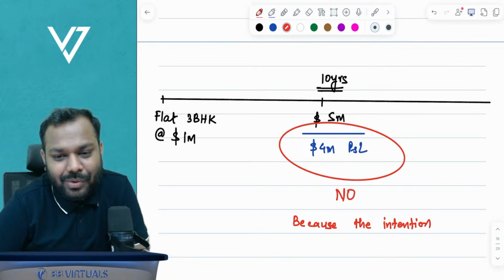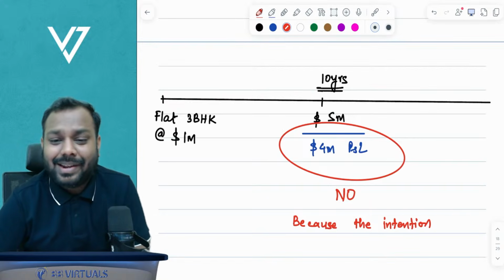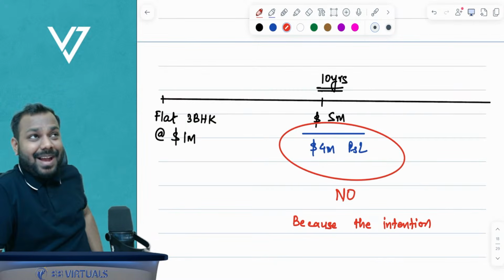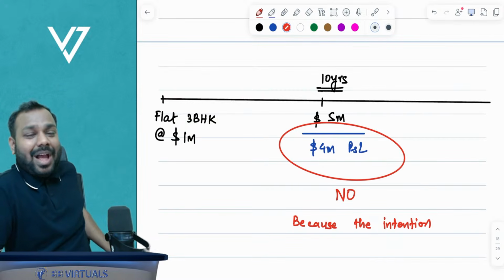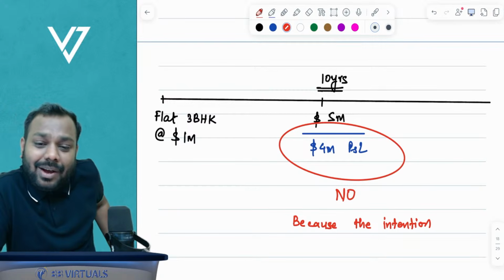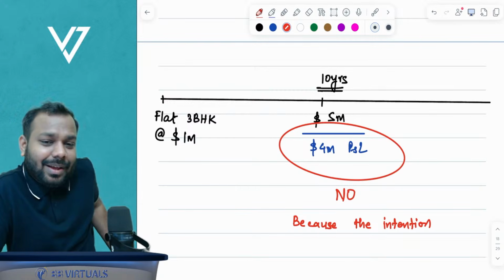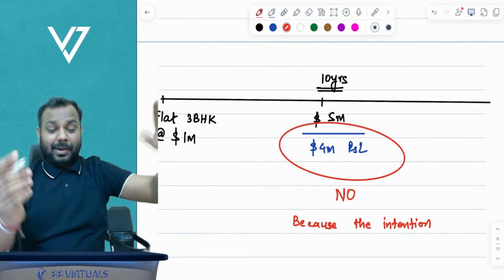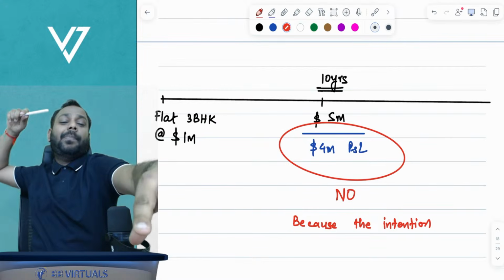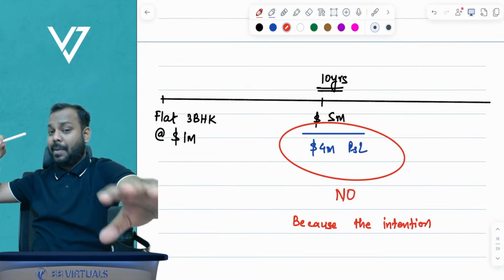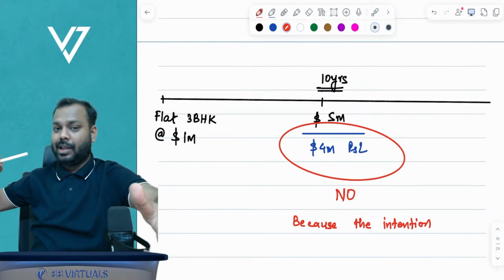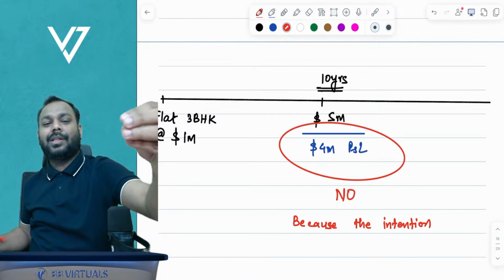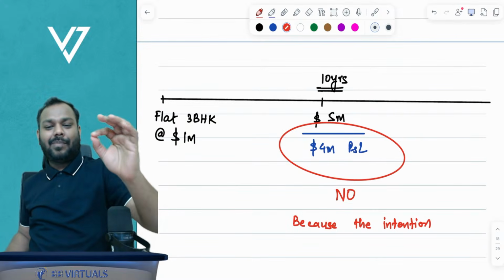If your father is saying that this property that we purchased 10 years back at $1 million is now valued at $5 million, and just then you say, Papa, let's sell this property, I'm telling you, you will receive a flying chappal from there. I'm not lying. Literally, that will be the last day in your home.